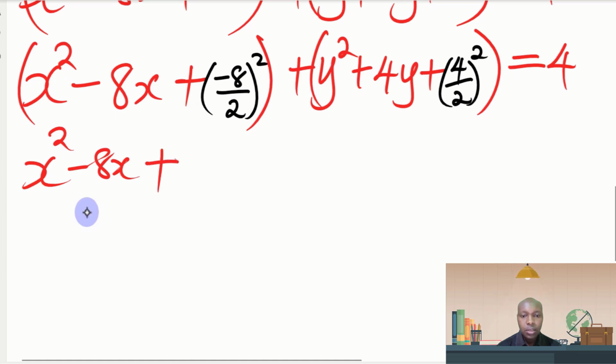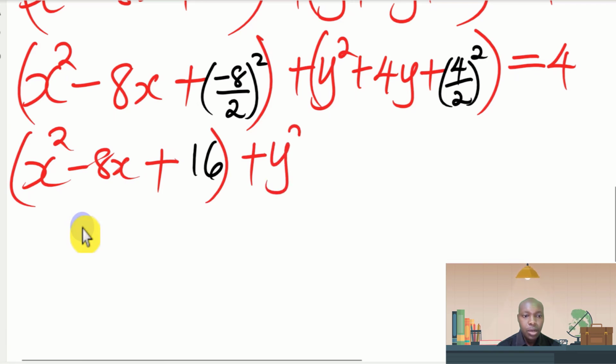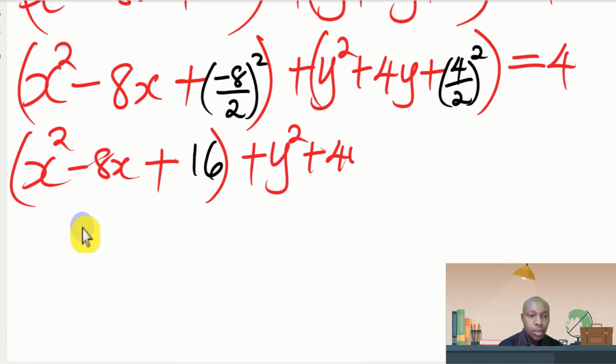So we add 16. And then plus, this will be y squared plus 4y plus, 4 divided by 2 is 2. Then we square that, and that will give 4. So those are the two constants.